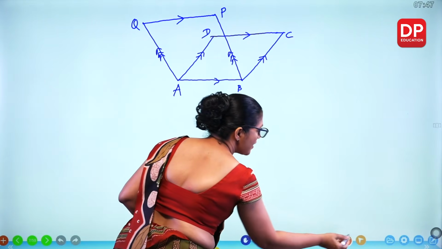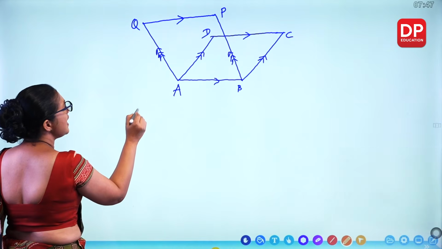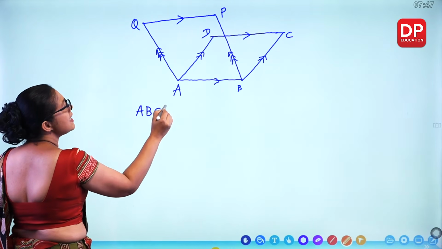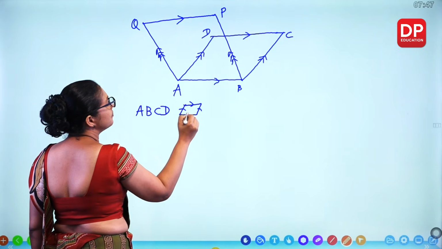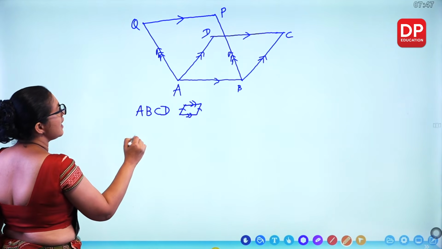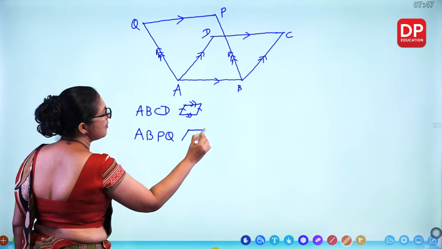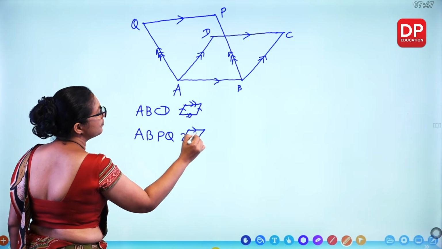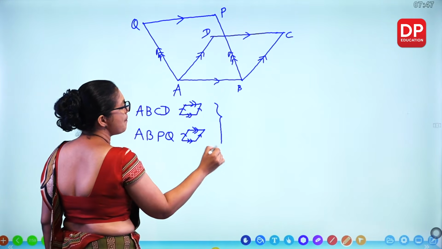So what can we write about this diagram? We can say ABCD parallelogram and ABPQ parallelogram on the same base.